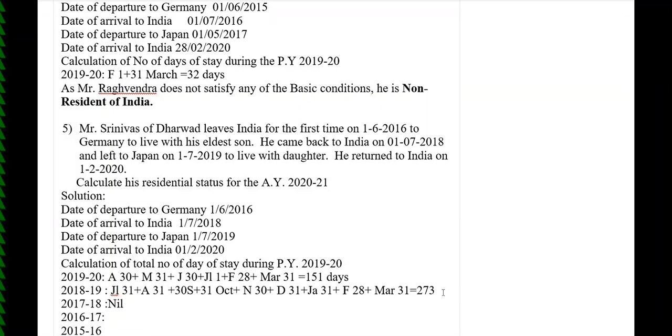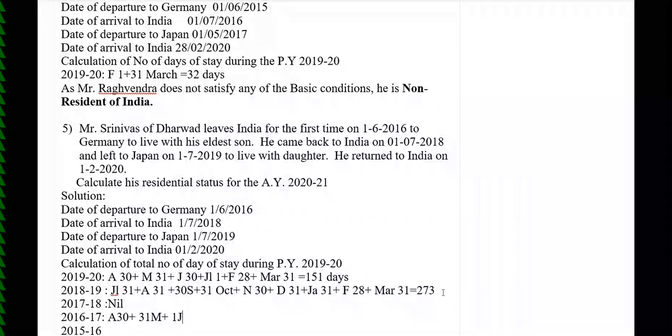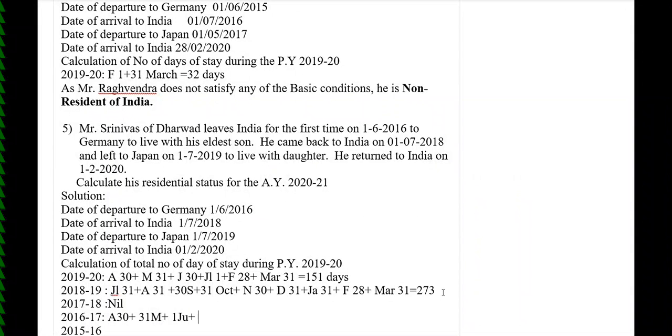So he was there for the month of April, 30 days plus 31 days May. So he left in the month of June, so plus 1 day of June. So total number of days of stay will be 62 days.